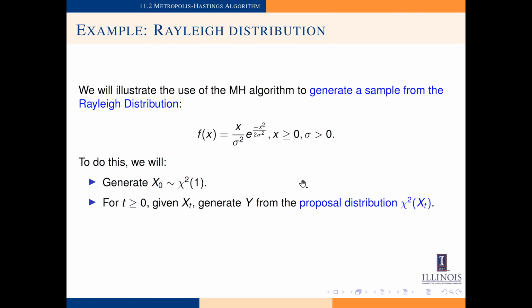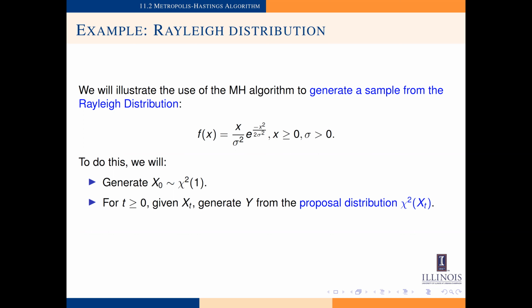Followed by generating the initial sample, for each t greater than or equal to 0, given xt, which is the tth iteration of x, we will first generate a y from the proposal distribution, that is the chi-square distribution with xt degrees of freedom.